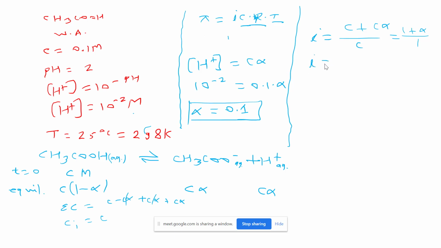And now i is what? Alpha is 0.1, so 1 plus 0.1 upon 1, so i comes to 1.1.